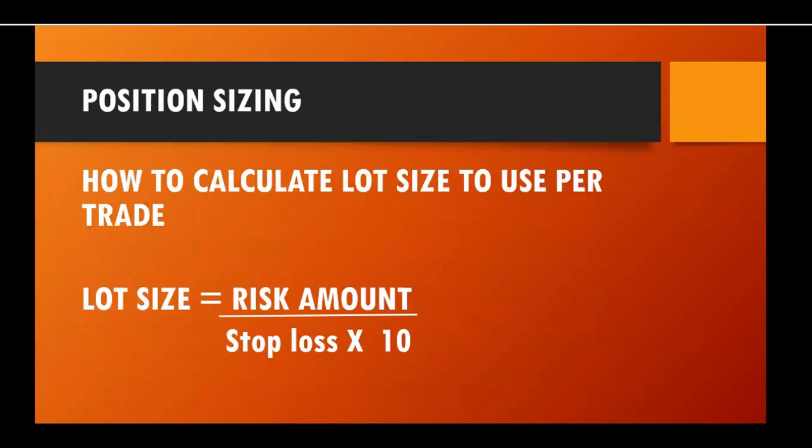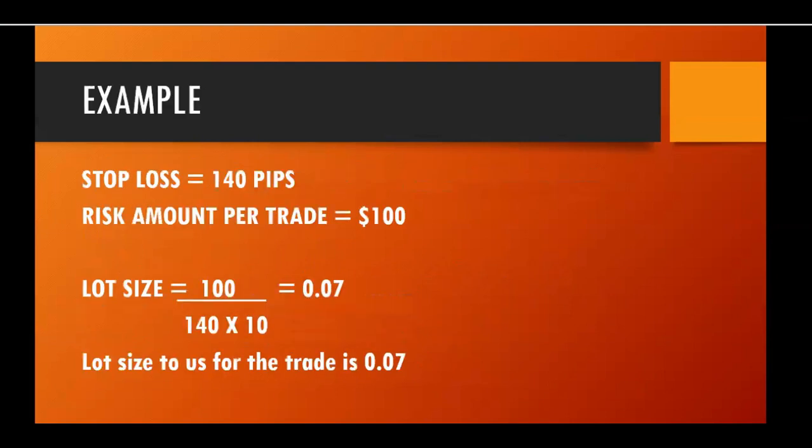The lot size equals the risk amount, in this case, from the example we've done, $100, divided by the stop loss multiplied by 10. And that will give us what our lot size should be for this trade.